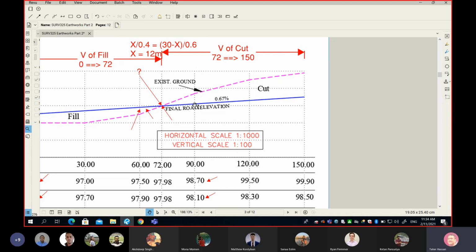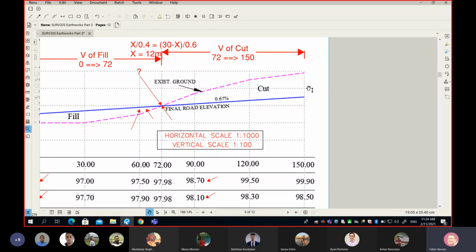Because from 90 to 150, the interval is constant, while from 72 to 90, it is not the same amount, not 30, which means you cannot. So I'm going to repeat myself quickly. To find the volume of cut, which is from 72 to 150, we have to split from 72 to 90. So that's one thing. And then from 90 to 150.